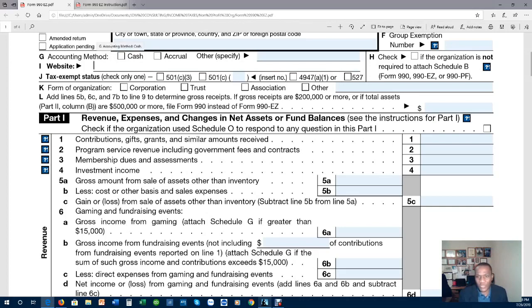Accrual basis, per se, is when you make a sale and you have a claim to the income, but you have not received it. That is accrual basis.